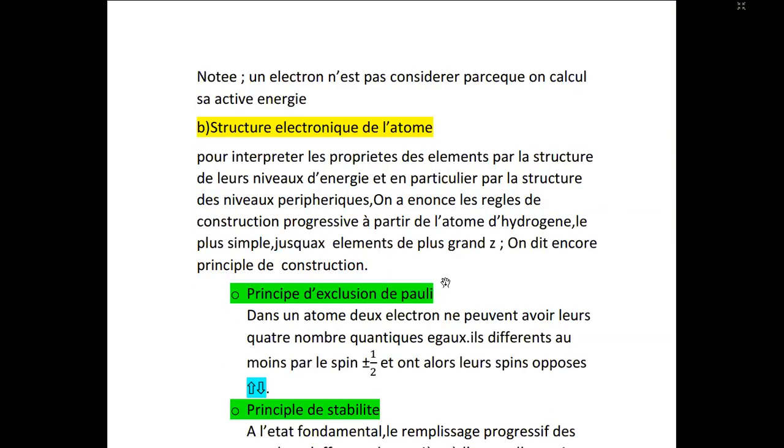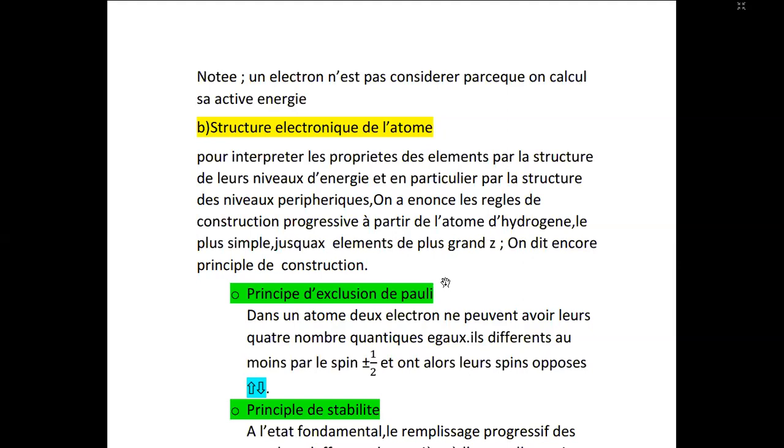Just know that one electron is not considered, because we calculate the effective energy acting on this electron, so except for this electron we only consider the other electrons, as you saw in our calculations. So that's all about Slater's approximation, which is really straightforward.